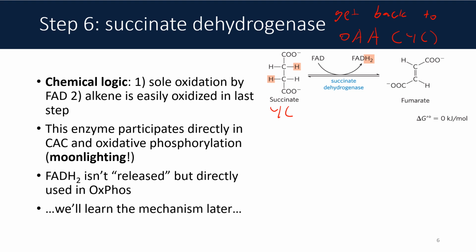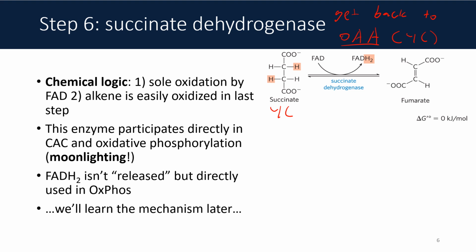Now, why are we trying to get to oxaloacetate? Well, if you recall, the citric acid cycle begins with the combination of oxaloacetate and incoming acetyl-CoA to form citric acid. So we need to get to oxaloacetate if we want this reaction cycle to continue on and on and on again.